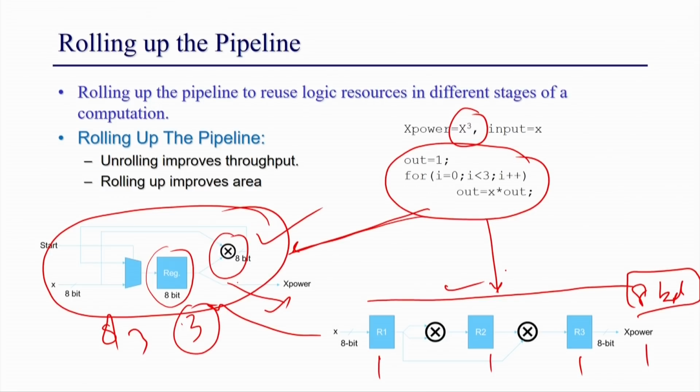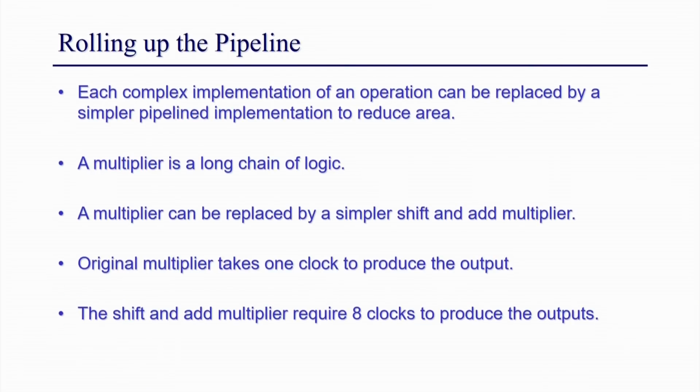So, you will generate some finish signal just to synchronize with the other components. Okay. So, it is your choice: if area is a very crucial factor, then you are going to choose this, and if your throughput is important, then you are going to choose this one.